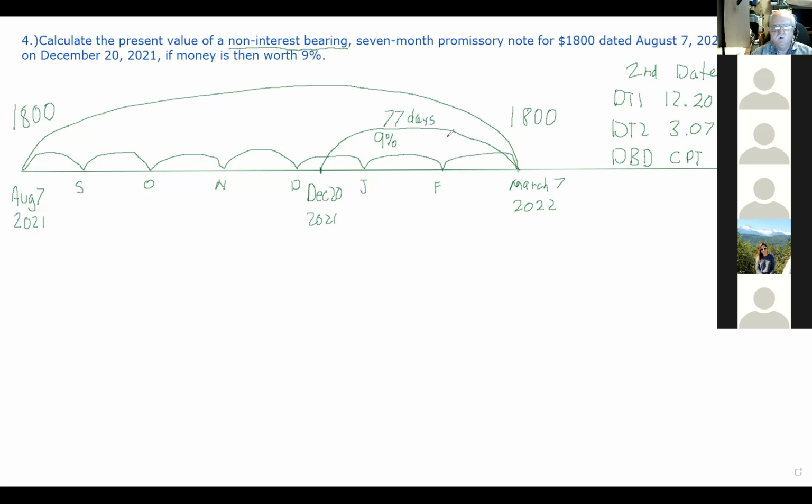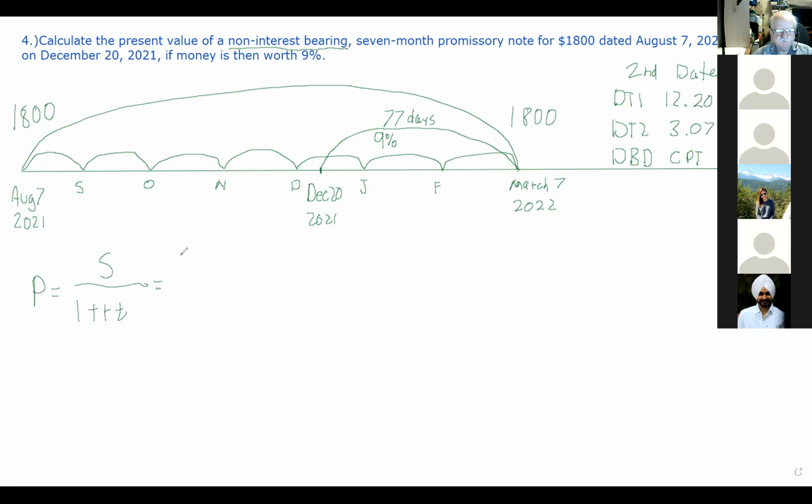And so now we can calculate what someone would have paid for this piece of paper. We're still calculating the present value. Present value equals S over 1 plus RT.